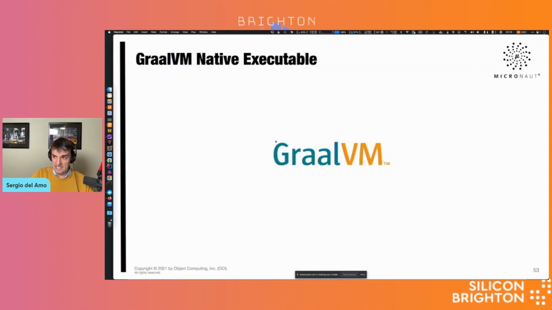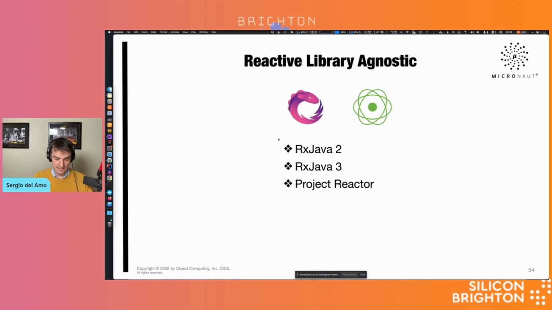The last part that I have for you today: this was really a Micronaut 101 demo. We have integration with reactive libraries, in the vein that I told you before. We are reactive library agnostic. You can use RxJava 2, RxJava 3, Project Reactor. Internally, we use Project Reactor in Micronaut 3.